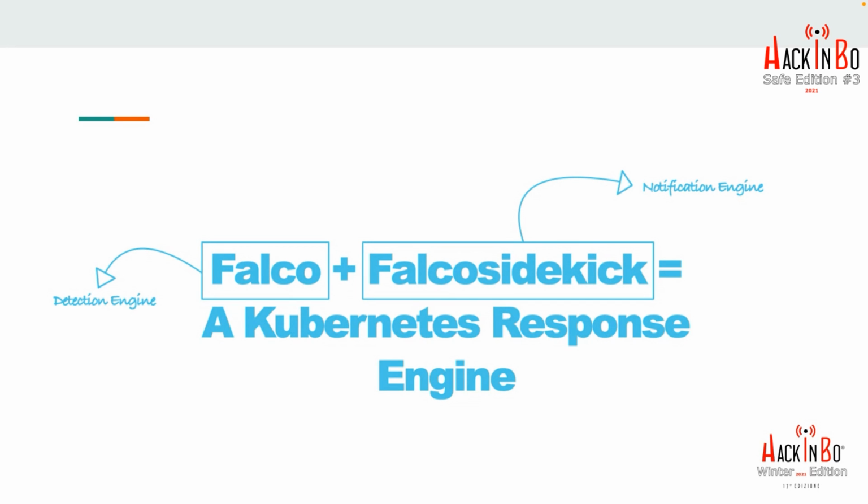The goal for this talk is showing how these two components work together and how we can use an external function to create a strong Kubernetes response engine, capable of executing automatic actions to quickly respond and secure our environment as soon as possible in case something bad happens. And we know that in cyber attacks the response timing might be fundamental and can save us from total compromise or a massive data exfiltration.